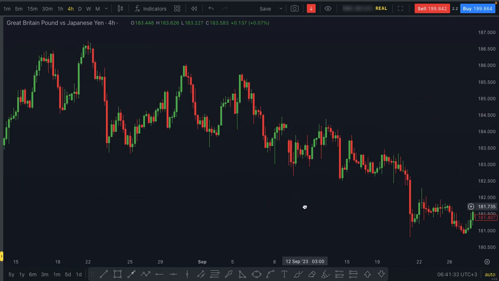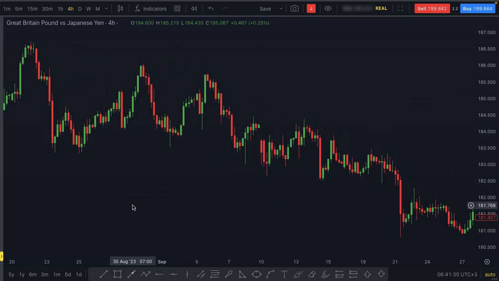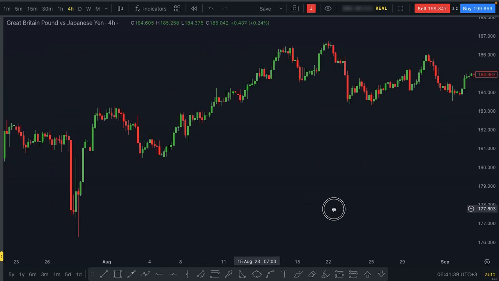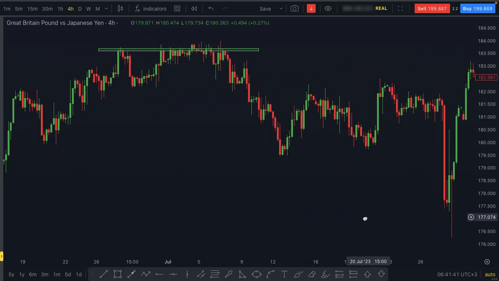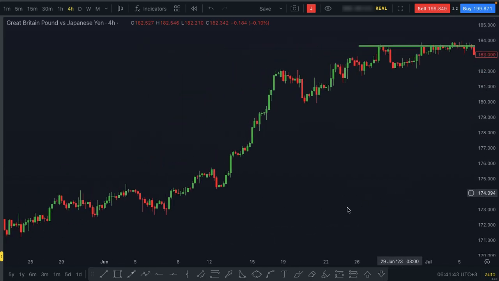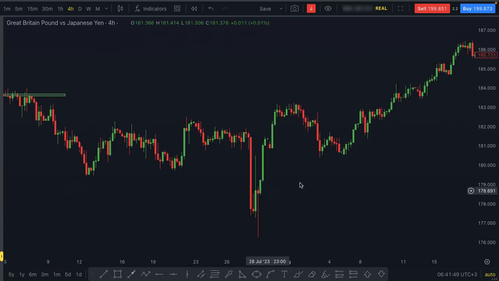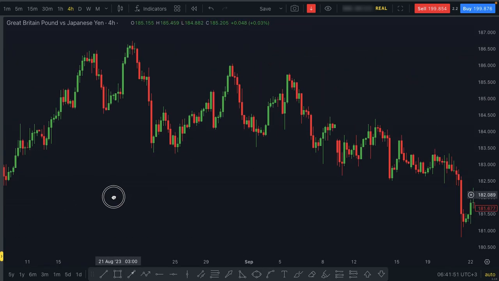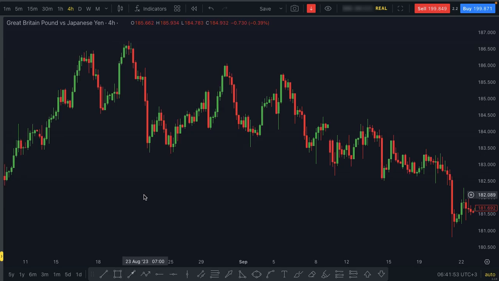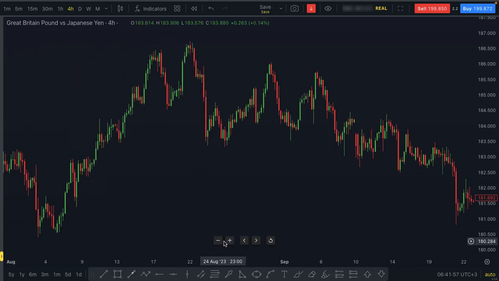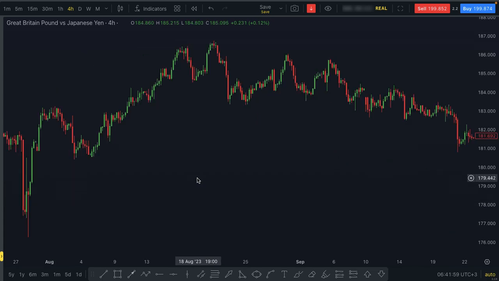So coming again on this market, you can simply see that this market was in an uptrend. It was an uptrend for long, and then I think let's start from here, guys.